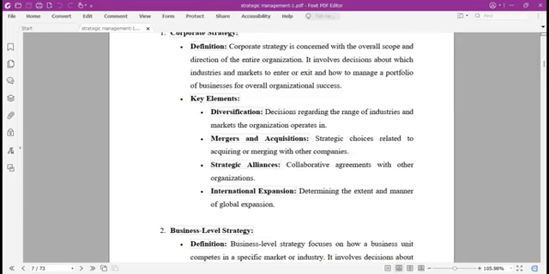But for the mergers, they merge together, stronger, bigger, better, to aim at getting things done quick, especially the mission, the vision, the objectives, and congruent goals being set by such organization. Strategic alliances. Here, collaborative agreements with other organizations is essential.